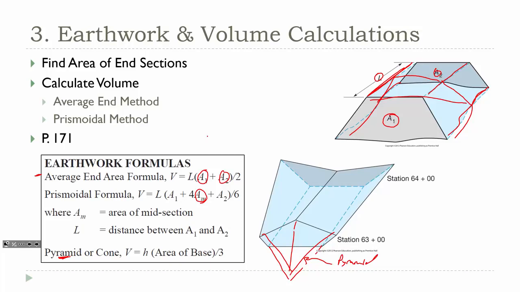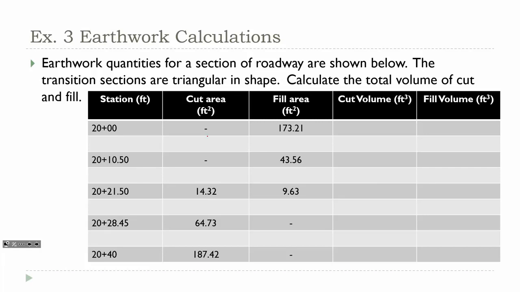The volume is going to be the area of the base, which would be A3 here, and then what is the height? The height would be this distance, basically the L up here. The distance along the roadway would be the height. That's easy to get confused about when using that calculation, because it's not a vertical height. It's actually the length along the road.